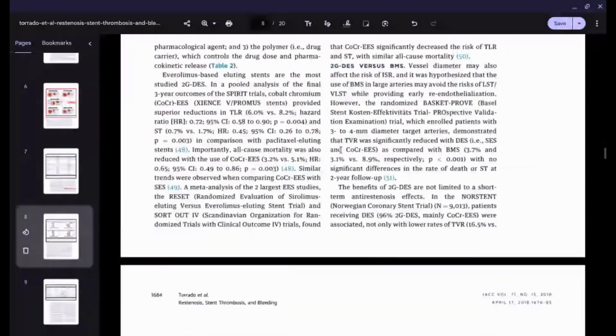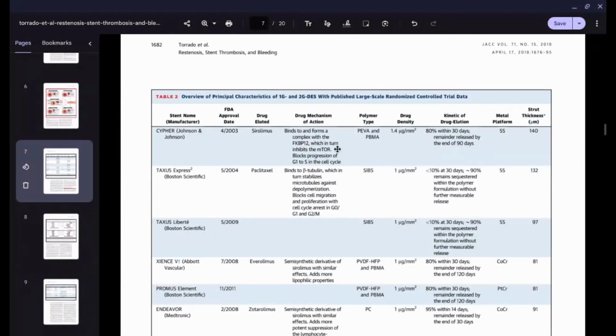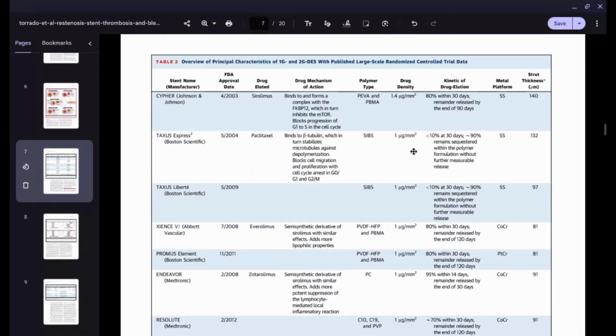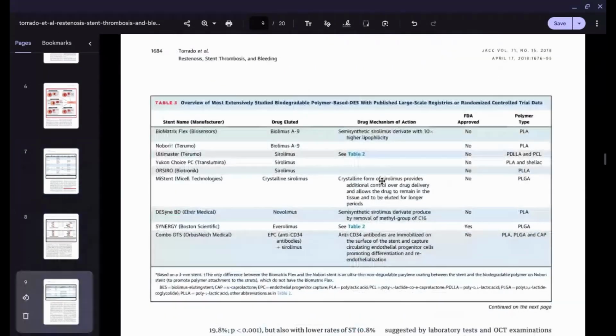is metal drug eluting polymers. You also have bioresorbable or biopolymer based DES, biodegradable polymer DES. Here again the drug, notice, you have the stent name and manufacturers, Biosensors, Terumo, Cell.